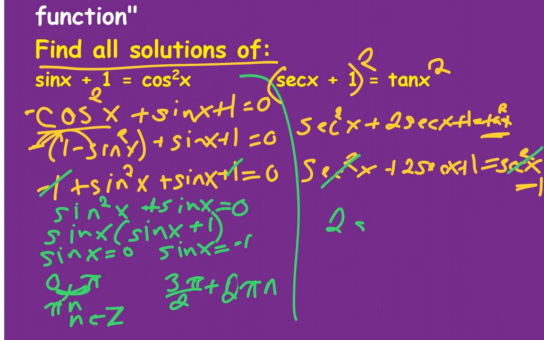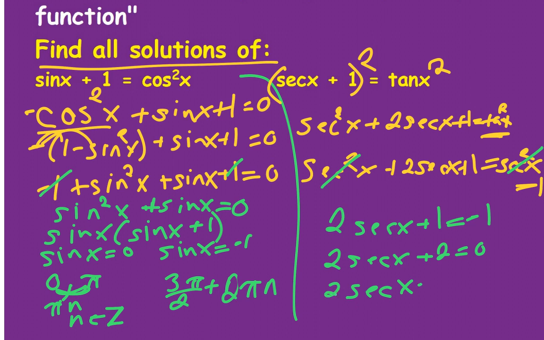I have 2 secant x plus 1 equals negative 1. Move that over. So 2 secant x plus 2 equals 0. And then I'm just going to go ahead and solve this. So 2 secant x equals negative 2. Secant x equals negative 1.